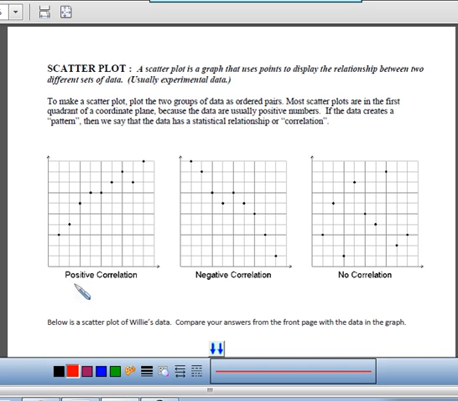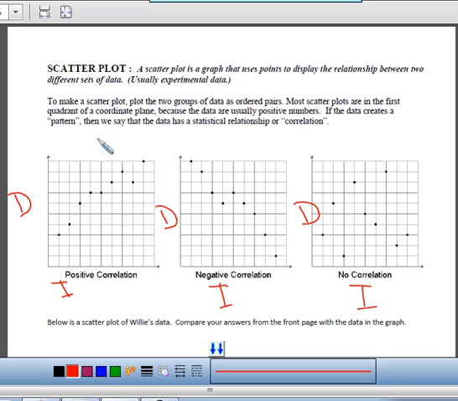We have the independent on the x-axis and the dependent on the y-axis. So, to make a scatter plot, plot the two groups of data as ordered pair points. Most scatter plots are in the first quadrant of a coordinate plane because the data is usually positive numbers.